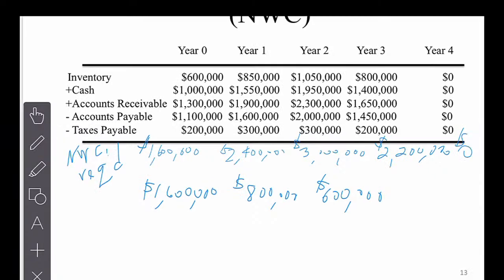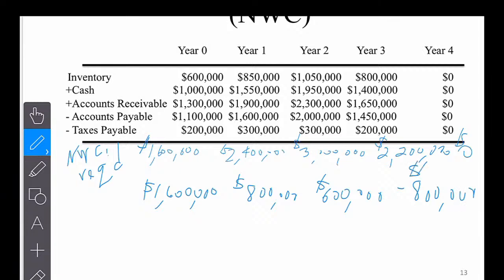In the third year, I'm going from $3 million going down, right? So we're starting to release funds. We don't need so much because the project is closing out. It's coming to termination. So that means I will release $800,000. And I ran out of space.